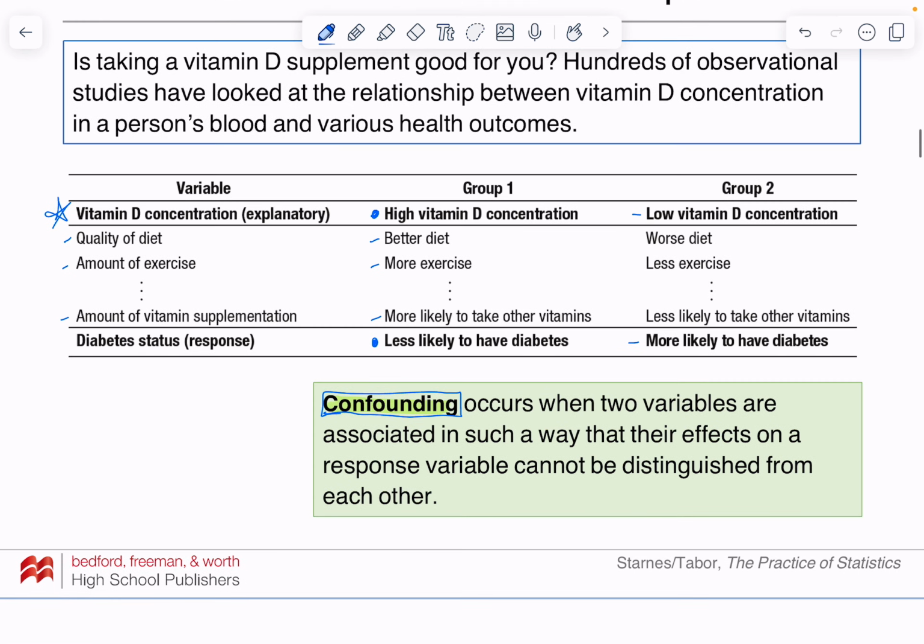So on your notes, I put possible confounding variables. It's these. Possible confounding variables. That would be the diet. That would be the other vitamins they take. And that would be their exercise level.